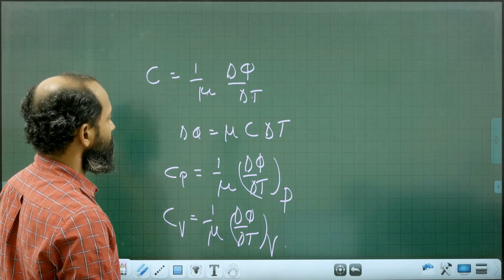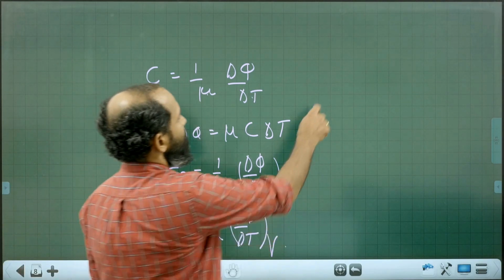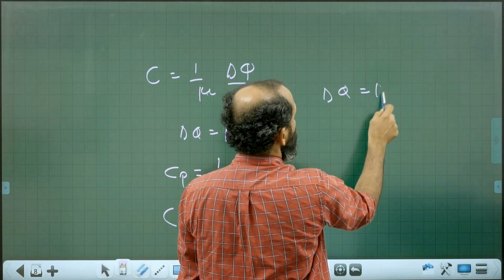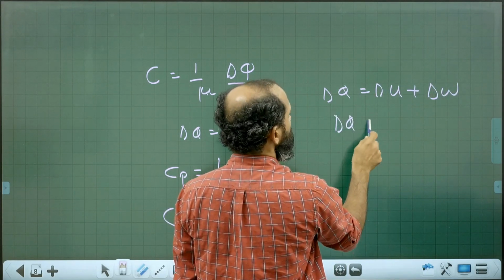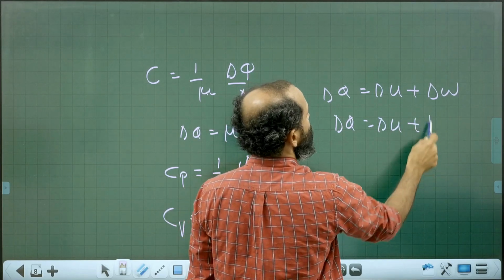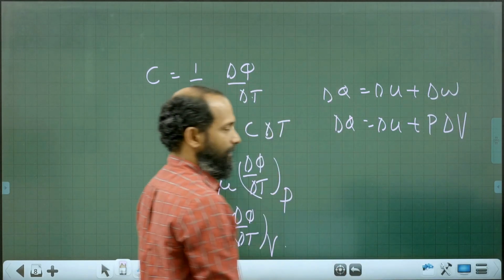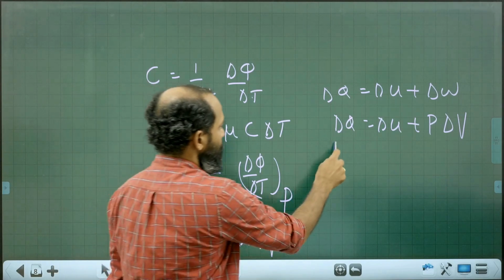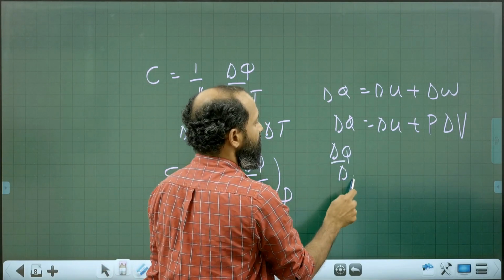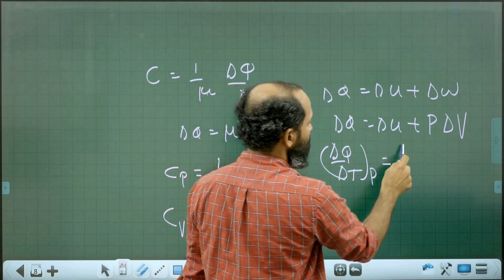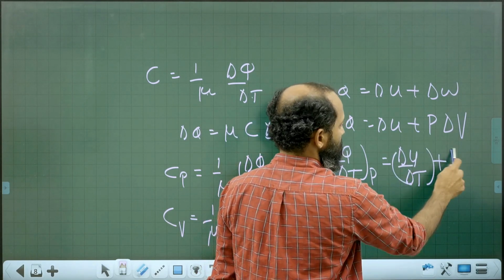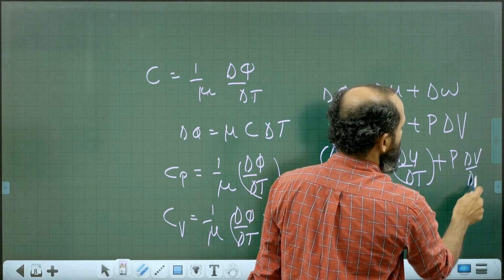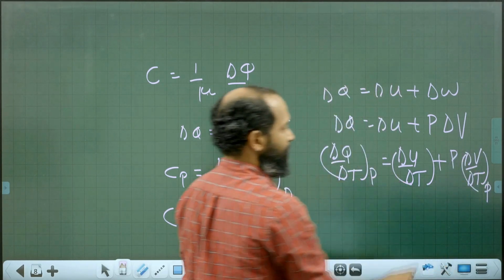Where delta Q is equal to delta U plus delta W, or delta Q equal to delta U plus P delta V. Now, delta Q by delta T at constant pressure is equal to delta U by delta T plus P delta V by delta T at constant pressure.